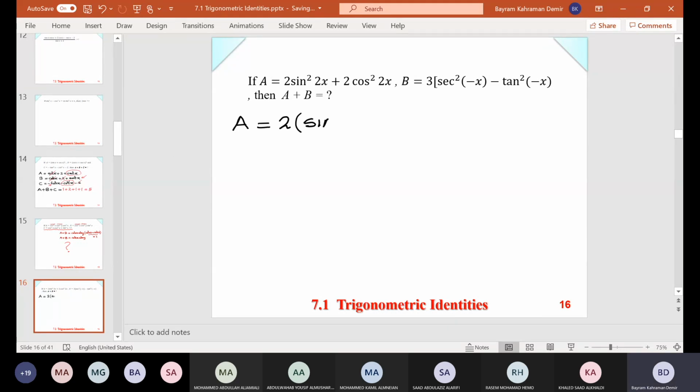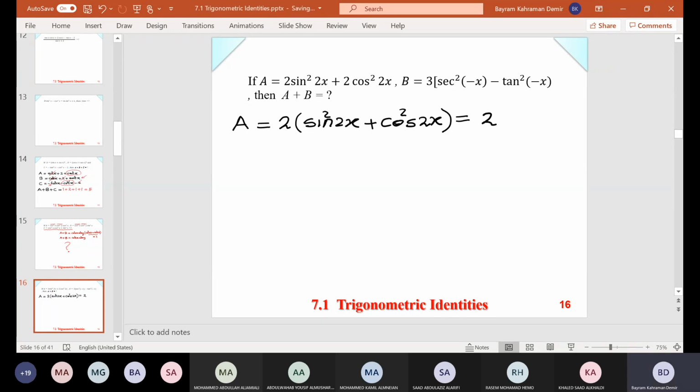Sine square of 2x plus cosine square of 2x. Sine square of theta plus cosine square of theta is 1, whatever the theta is. So 2 times 1 is 2. Basically, a is equal to 2.